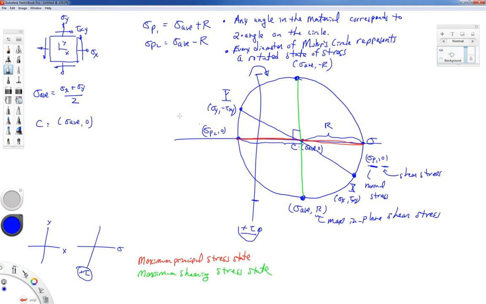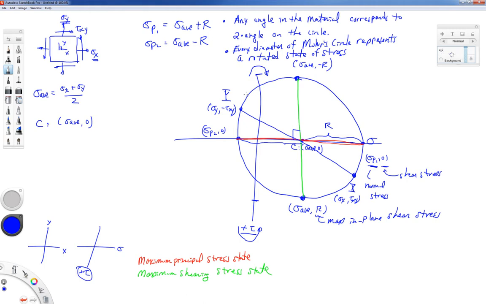My x and my y point on my material, again, those are 90 degrees apart, but they're spread out to be 180 degrees apart on the circle. So I'm plotting this x point as sigma x, comma, tau xy, and this y point as sigma y, comma, minus tau xy.